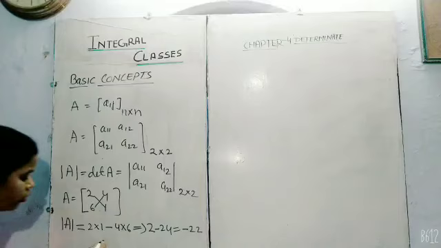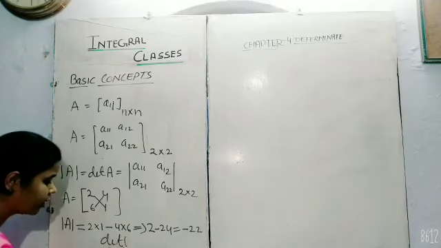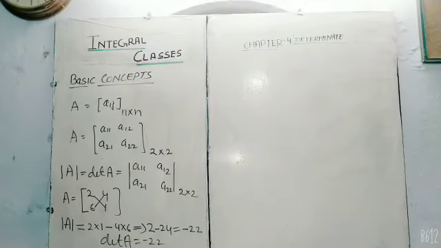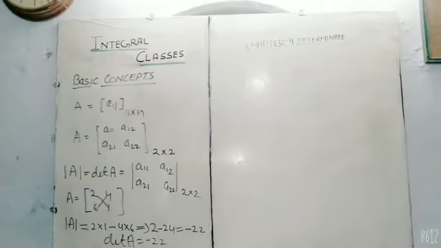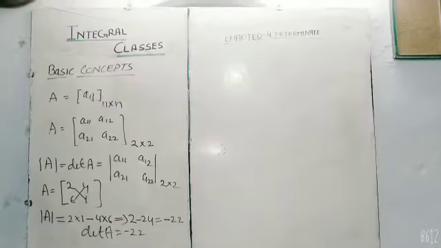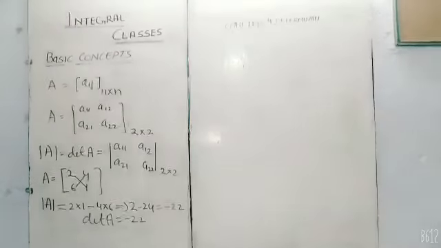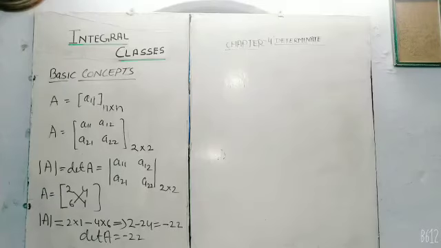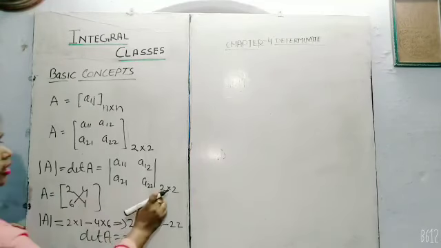It is the value of determinant A equal to minus 22. It means we can find the determinant only of a square matrix.